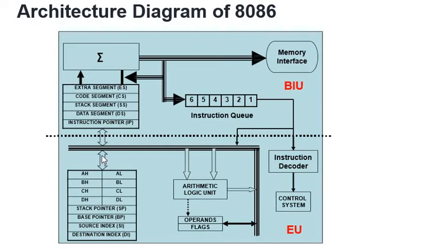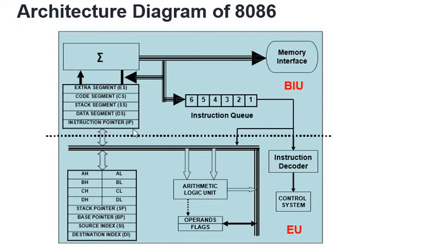Other than these four general purpose registers, four index registers are available. The index registers will hold the offset address. The stack segment base address is available in the stack segment register, and the offset address is held in the stack pointer.